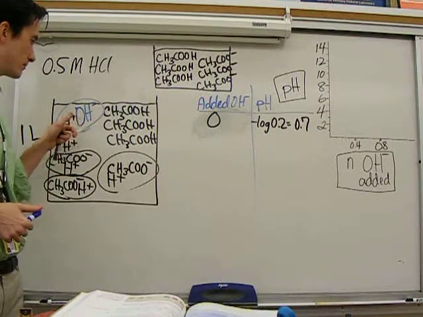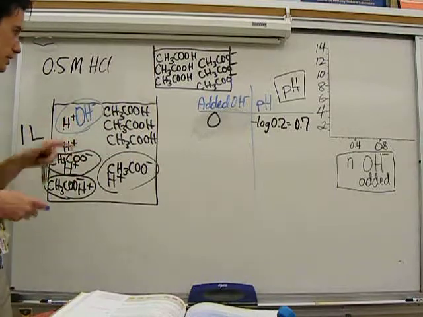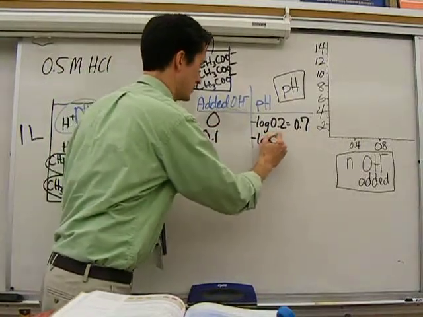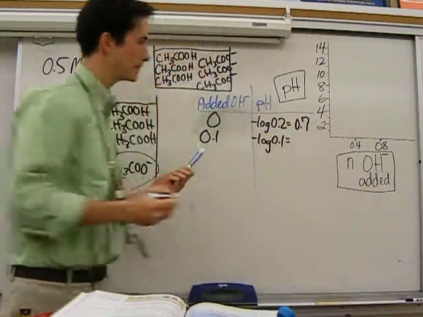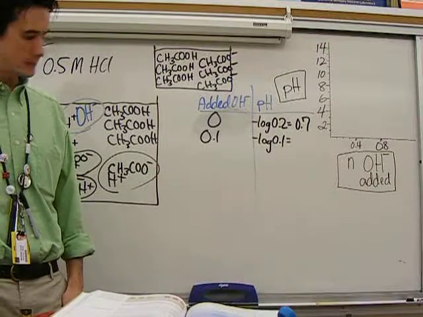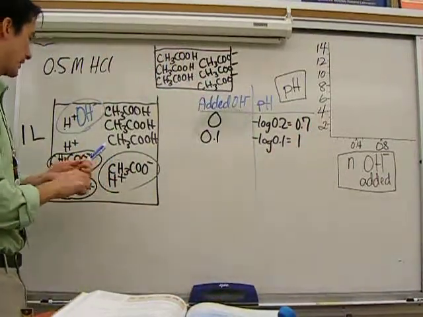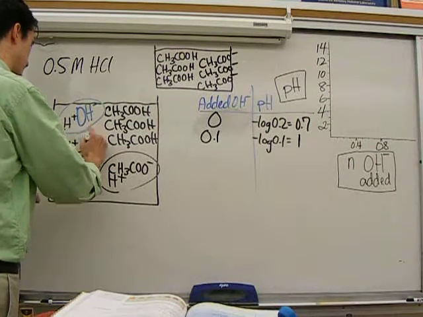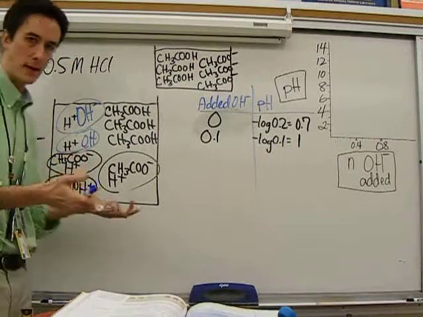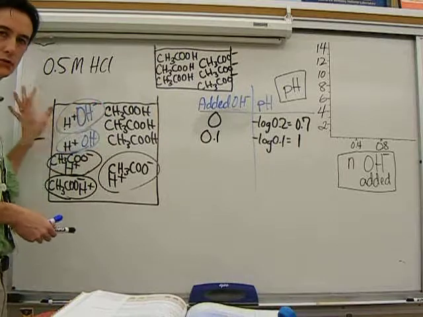There's other protons here, but that's the one that's going to get. All right, let's do it again. All right, now what do we have? Now we have the hydrochloric acid has been neutralized, we could say.